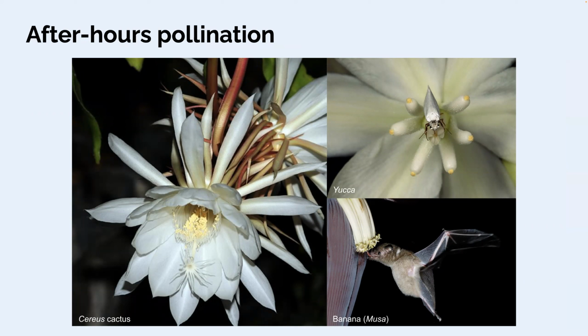And a couple examples here, the cactus here, this is probably attractive to a bat. And with bats, we're looking at another large animal that needs to be fed. So big open offering here, probably a lot of nectar in the base, and then just a whole bunch of pollen being offered at the face of the animal that's going to poke into this to try and get the food.